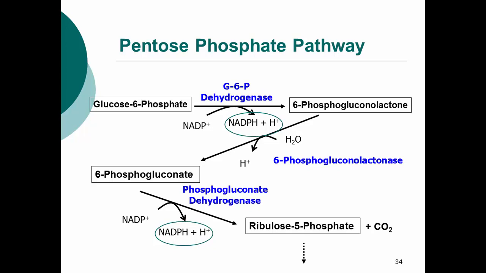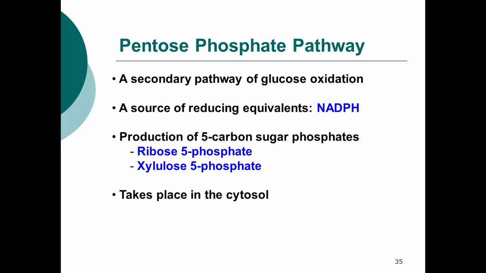And later we're going to talk about it. So I think that's enough. You don't need more. So again, this pathway is a secondary pathway of glucose oxidation, and this pathway provides reducing equivalents, NADPH.